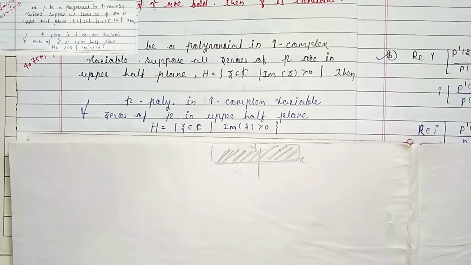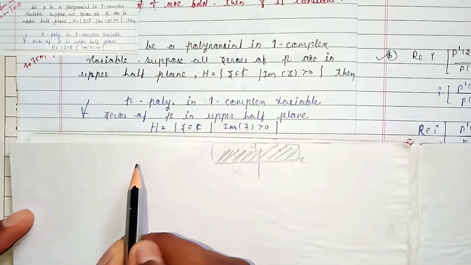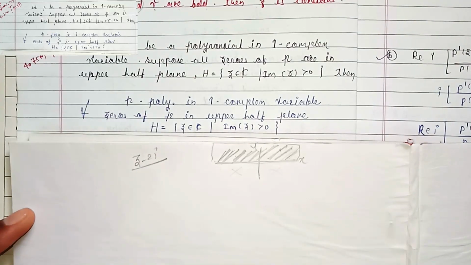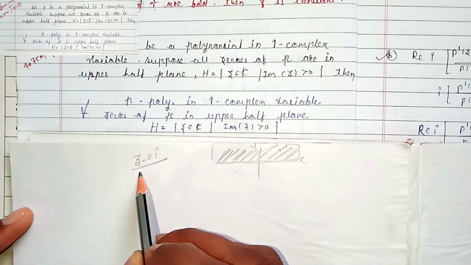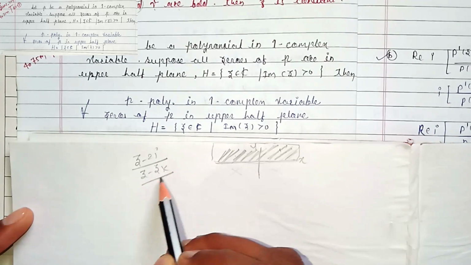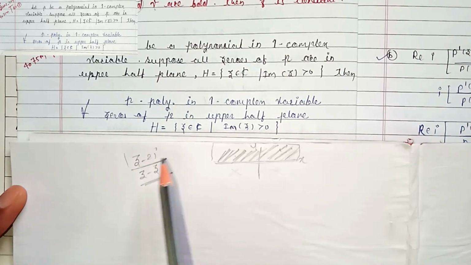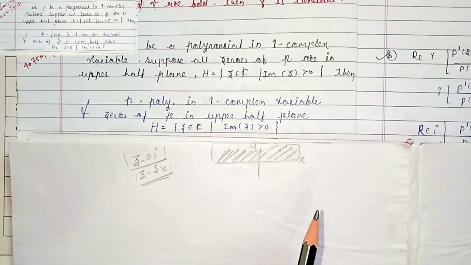So for that we have to consider a polynomial in one complex variable. That means we can see here z minus 2i, this is a one complex variable polynomial, or z minus z0, this one is also a one complex variable polynomial, which includes only one complex variable. It is easy, I hope you all can understand this, so no need to explain it in detail.